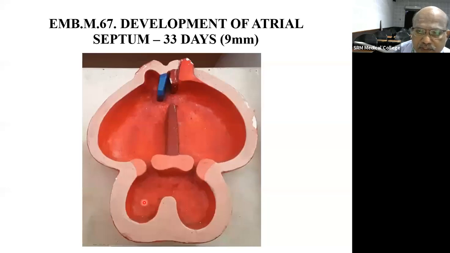Now this is your right ventricle. In the right ventricle, you already have your bulbar septum. That bulbar septum descends downwards and joins with your proliferated septum intermedium. In that way, this part is closed.